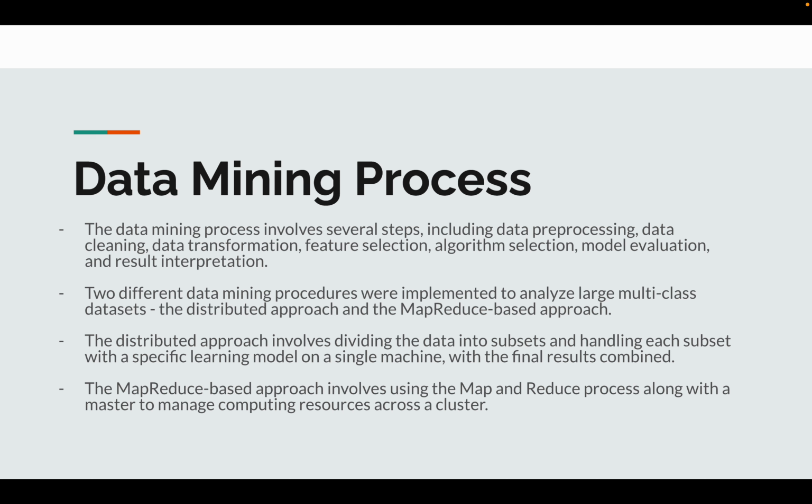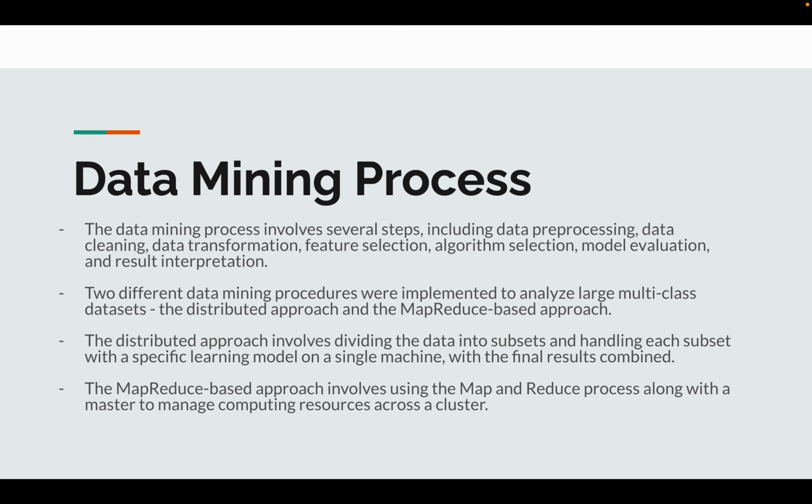Once the algorithm has been selected, the next step is model evaluation. In this step, the performance of the model is evaluated using different evaluation metrics. This is done to determine the accuracy of the model and to identify any areas where improvement can be made.